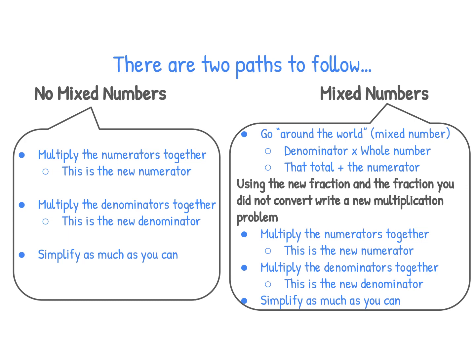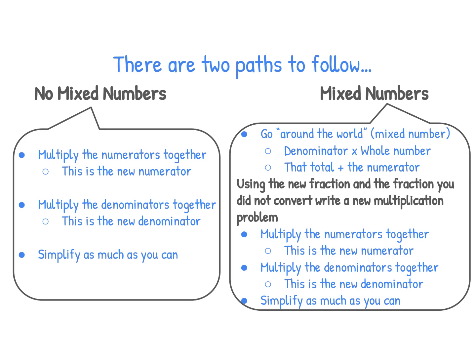The next path would be the path of mixed numbers. So when you have a mixed number, that's a whole number and a fraction multiplied by either another mixed number or just a regular fraction, the first step that you need to do is to remove the mixed number. You need to turn that mixed number into what we call an improper fraction, meaning the numerator, the number on top, is bigger than the denominator, the number on the bottom.